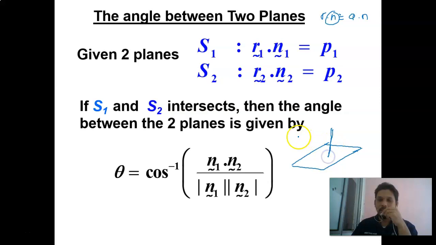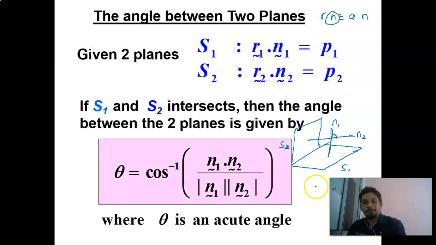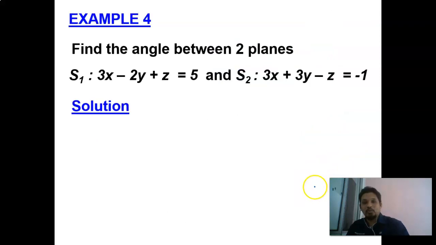And let's say there is another plane here, and it also has a normal. So n1 and n2, they intersect here, and this is the angle that we would like to find out, representing the angle between these two planes, S1 and S2, where theta is an acute angle. So find the angle between two planes here.